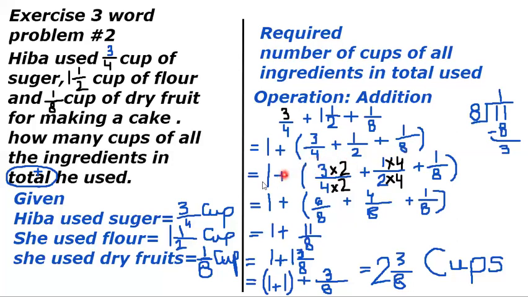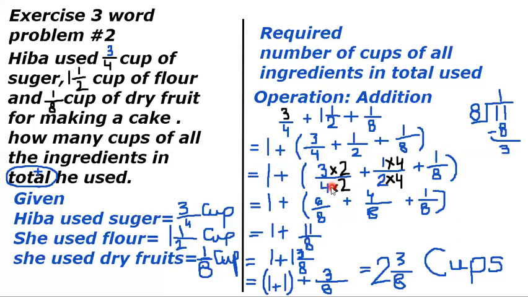Now I will write the one whole number as it is, the addition sign as it is, then parenthesis, and 3 upon 4 as it is, 1 upon 2 and 1 upon 8 as it is. Now we have to make the denominators the same.